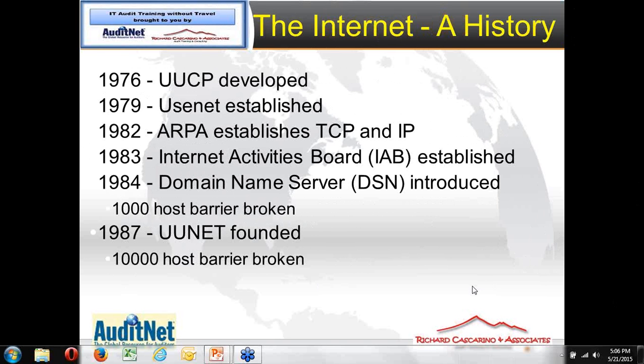In 1984, we saw the 1,000 host barrier broken. By 1987, things had moved on. We'd hit 10,000 hosts on the internet, and user-to-user net was founded.